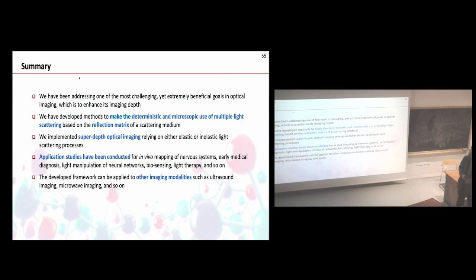In the end, I think we have a similar or the same philosophy as Alex. So we measured the reflection matrix, and then we solve the inverse problem in a different framework, I believe. And with that, we could make use of the multiple scattering. We convert multiple scattering into signal, and we could go deeper than before.